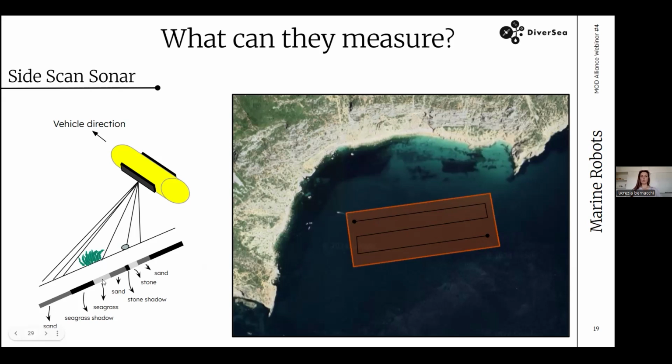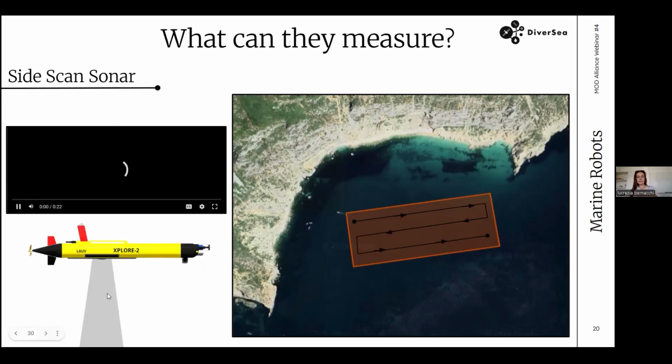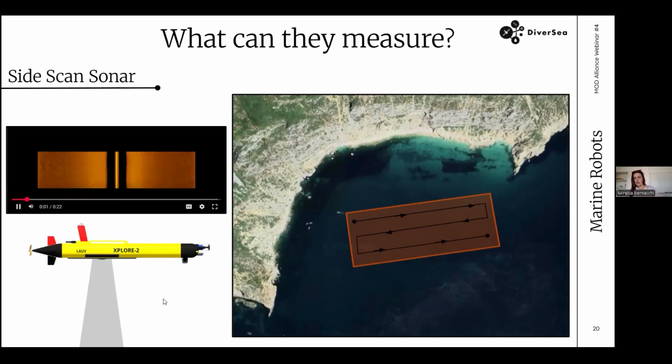Then here there is a stone with a different color. While the vehicle is performing the same black mission, it is assembling this line while it's moving, and at the end what we have, with the same procedure as the camera, is a big picture of what there is on the sea bottom, which is not that nice, this one, but it's just an example.